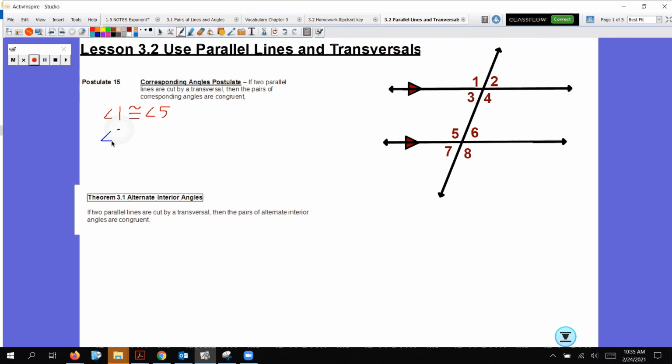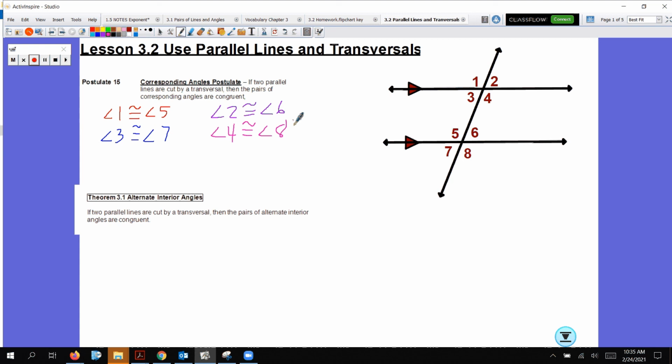Angle 3 is congruent to angle 7. Those are also corresponding. Then on the other side of the transversal, I have angle 2 is congruent to angle 6. And the last one is angle 4 is congruent to angle 8.